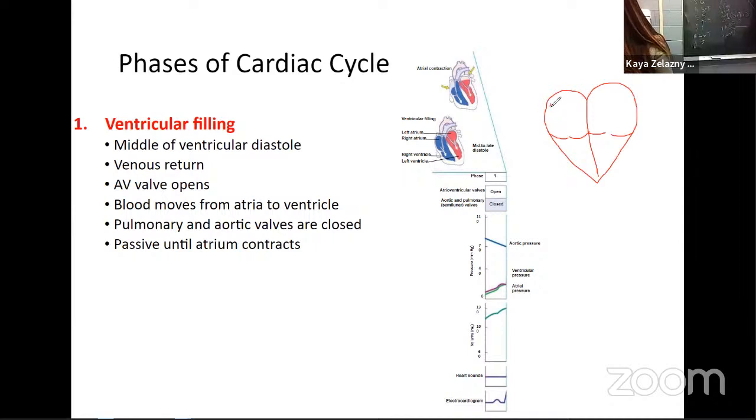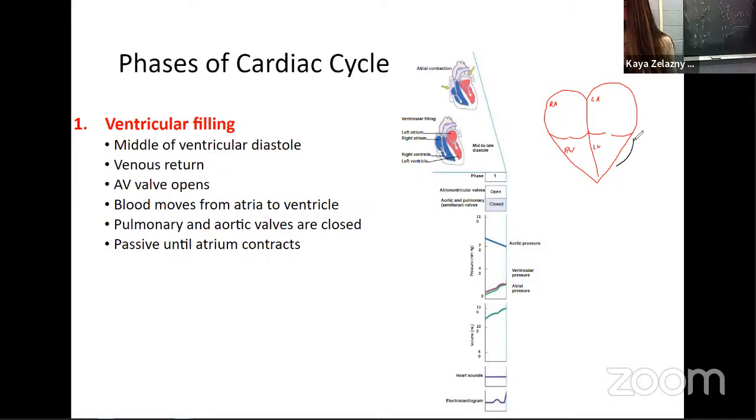All right, so we have our right atrium, we have our left atrium, we have our right ventricle, we have our left ventricle.